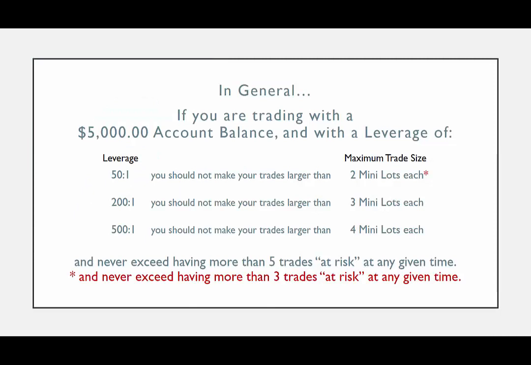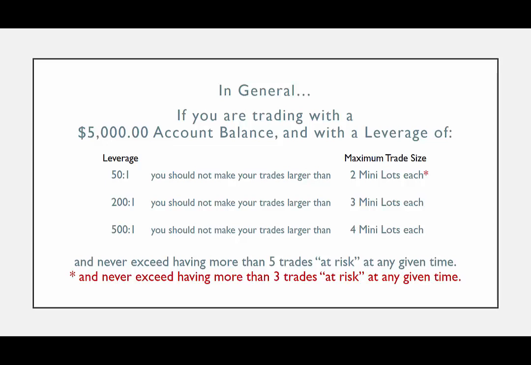So how do we know what size the trade should be? In general, if you are trading with a $5,000 account balance and with a leverage of 50 to 1, you should not make your trades larger than 2 mini lots each, and you should limit the number of trades to a maximum of 3 that are at risk at any given time.